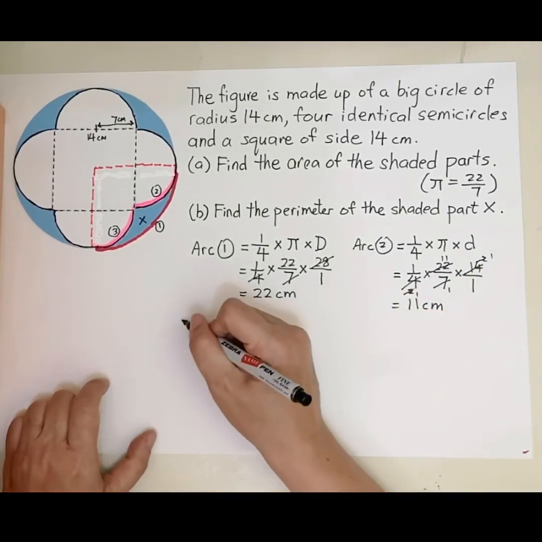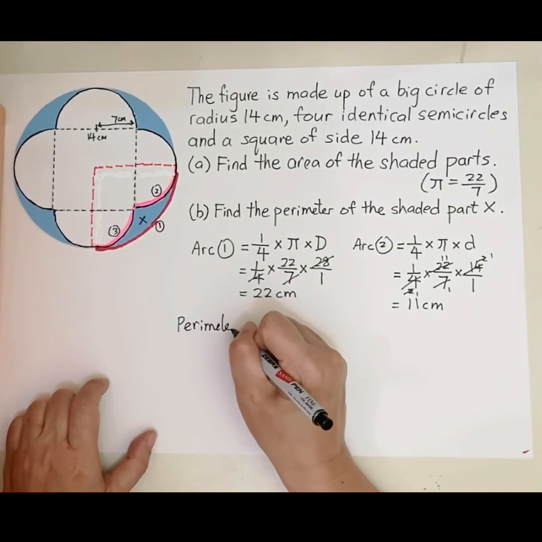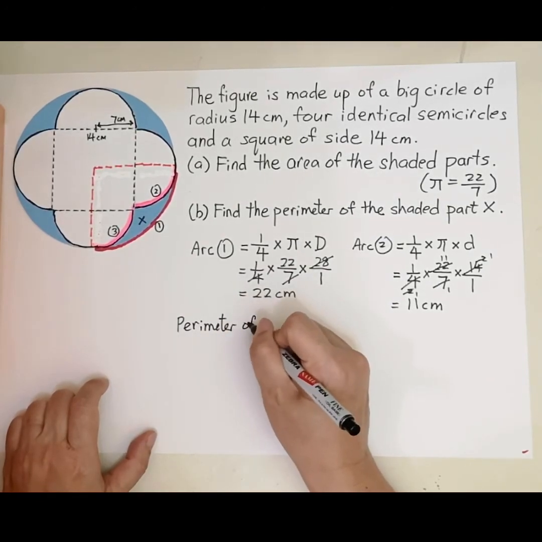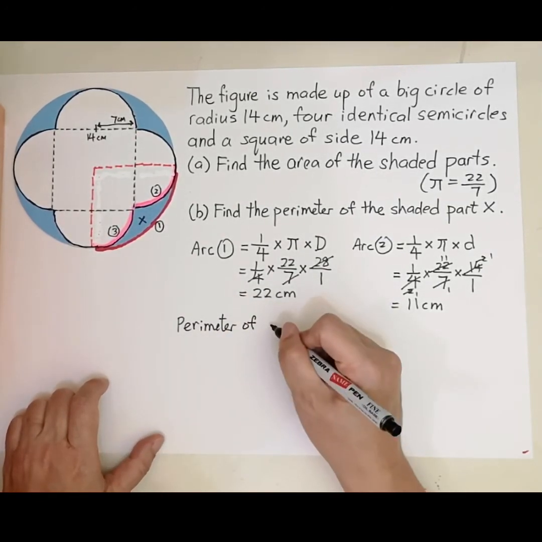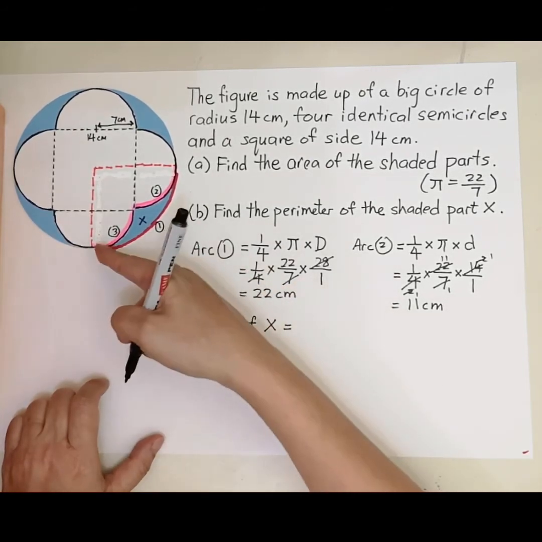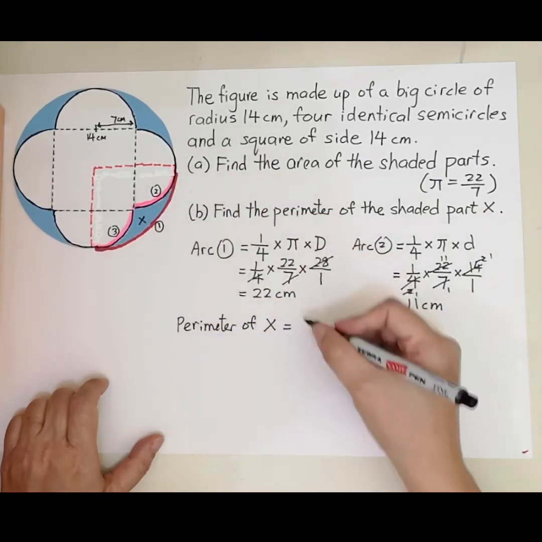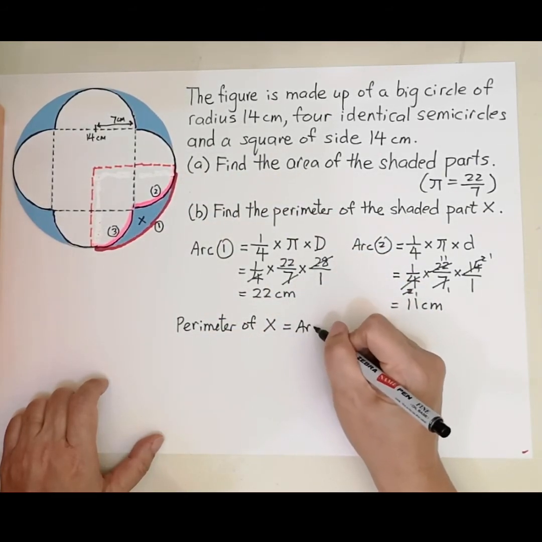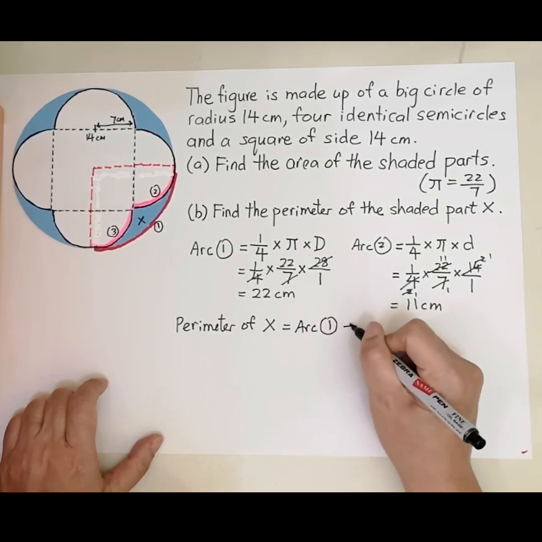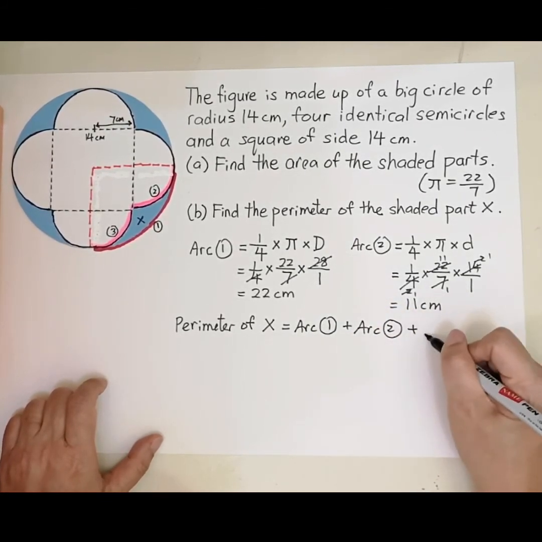So the perimeter of X will be the addition of the lengths of these three arcs. So it will be arc 1 plus arc 2 plus arc 3.